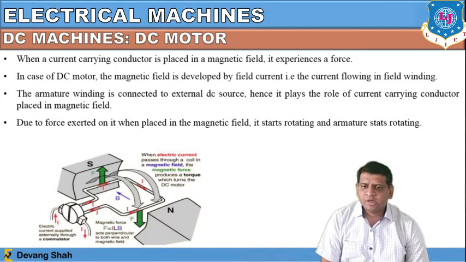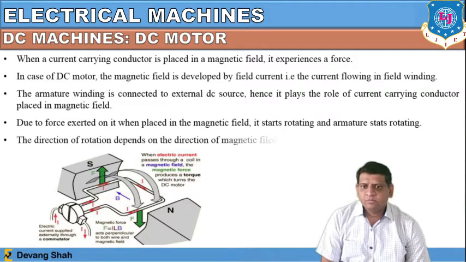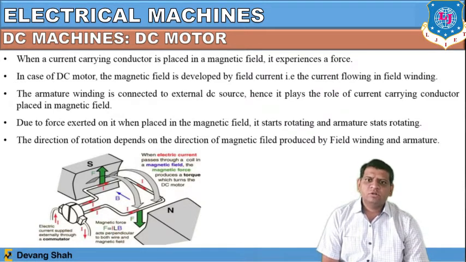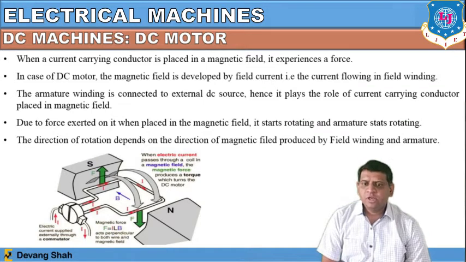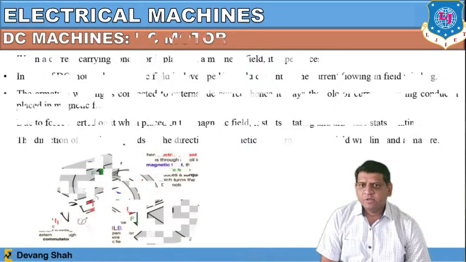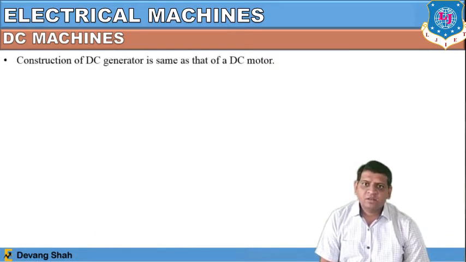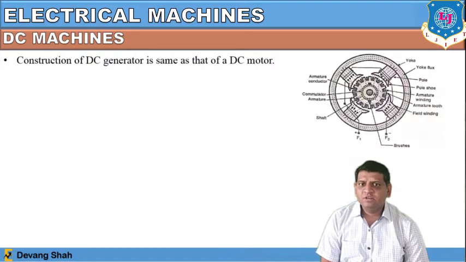Due to the force exerted, the armature starts rotating. The direction of rotation depends on the direction of the magnetic field produced by the field winding and the armature. From this you can see the construction of the DC generator is the same as the DC motor.